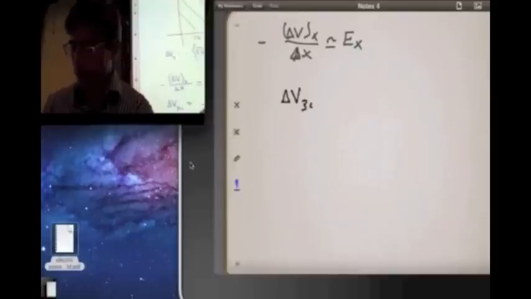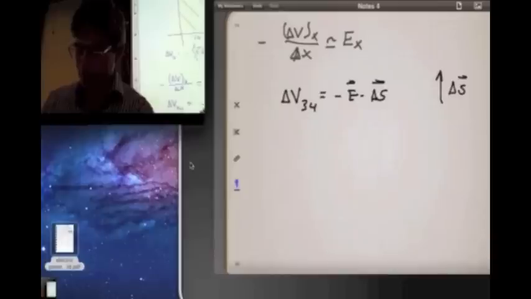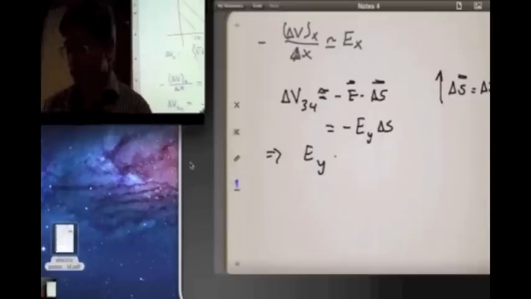Delta S is now delta y multiplied by the j hat vector. So this number ends up being minus delta y times E sub y, the y component of the electric field, which then tells you that E sub y can be found by taking minus delta V, where I got the difference in potential by moving along the y direction, divided by delta y, right?